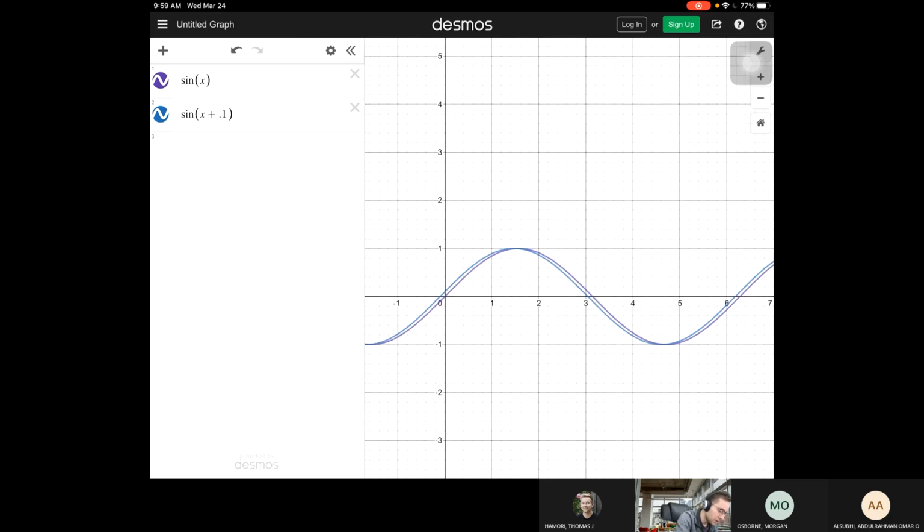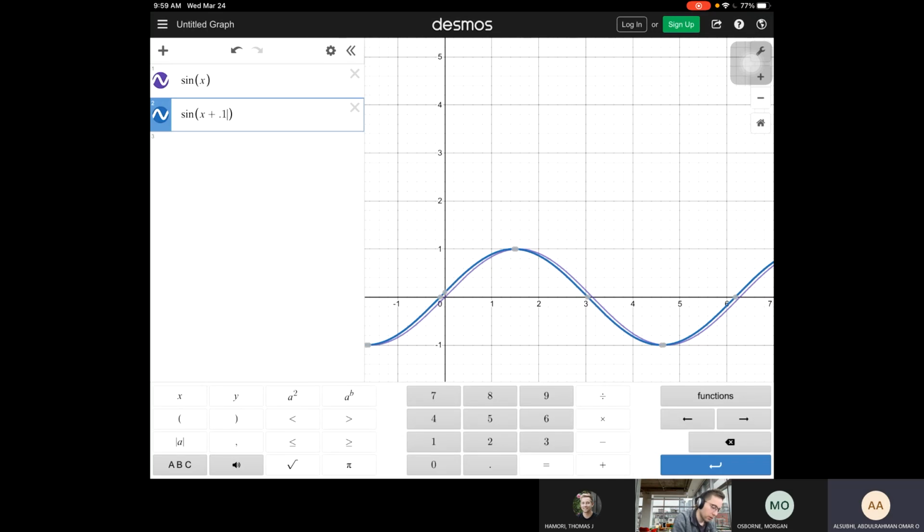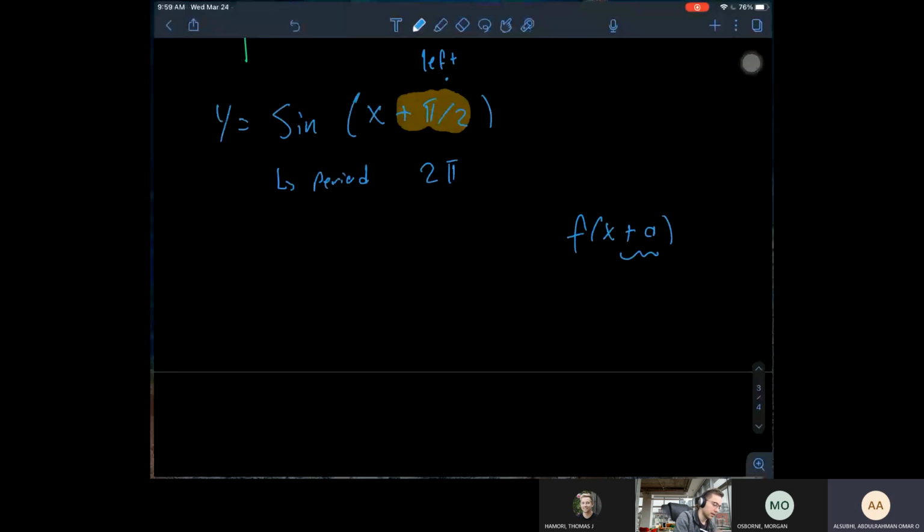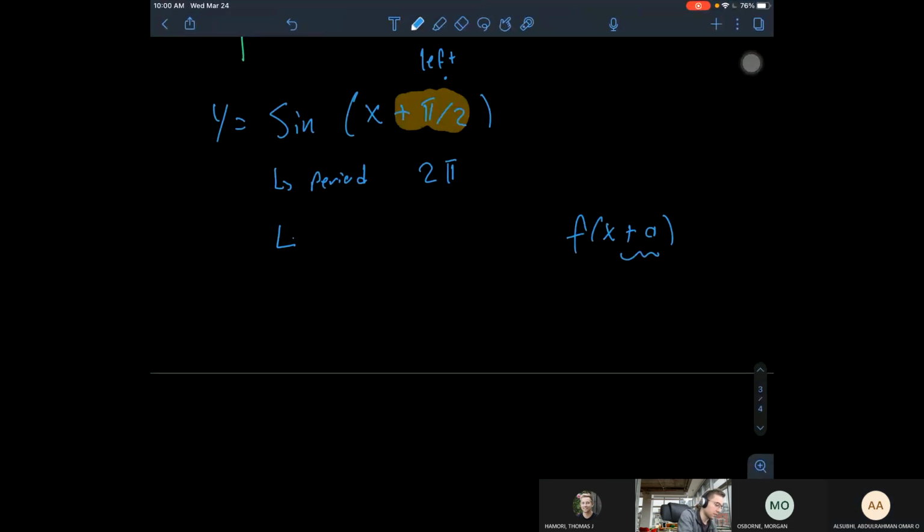It just gets moved a little bit to the left, right? Or if I move it over 0.3, it gets moved over a little bit more, or 0.5, a little bit more, 0.8. It's just a question of how far to the left we move it. But you can see that the distance between the crests of the waves is again preserved because all we did was pick the whole thing up and move it over. So in this case, the period is still 2 pi, and how about the amplitude? That's 1. Still unchanged.